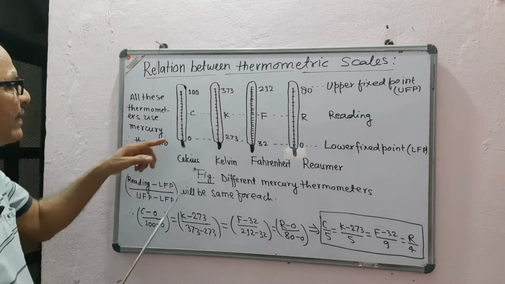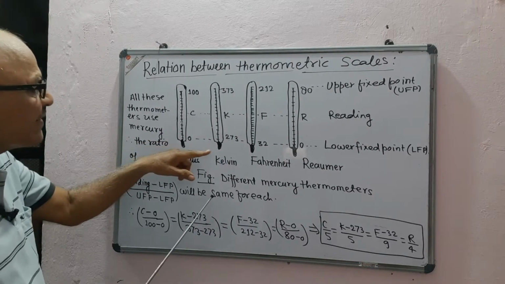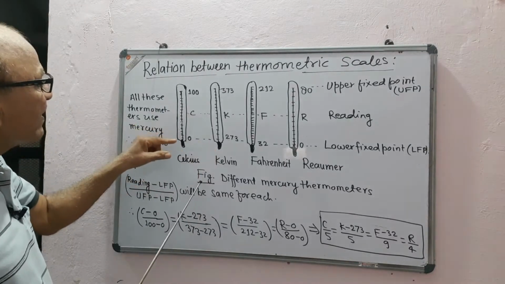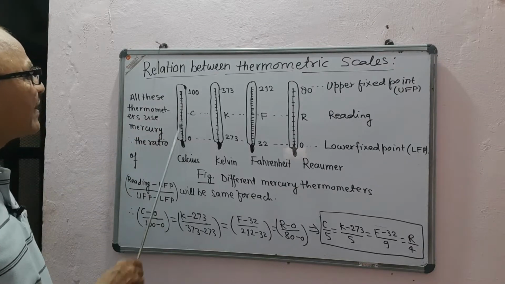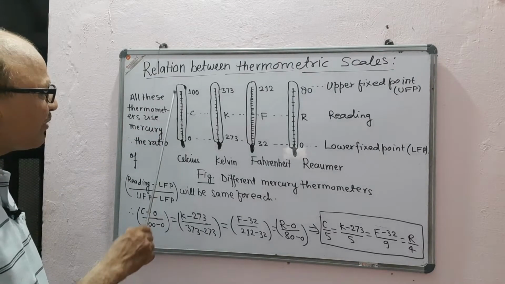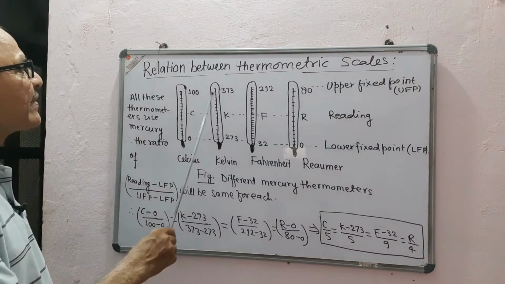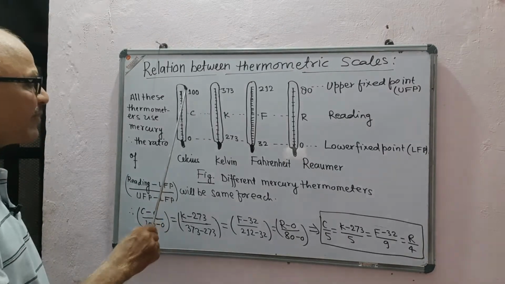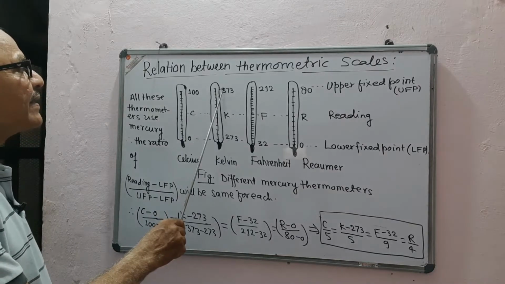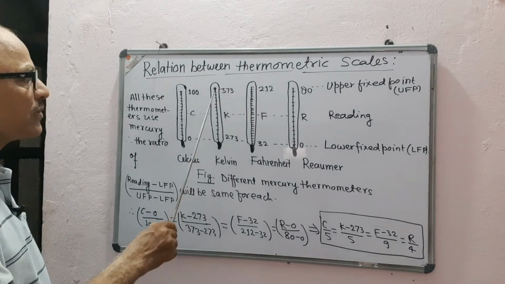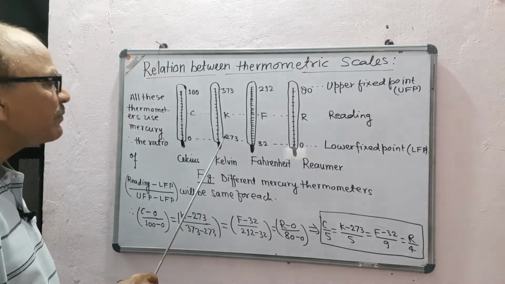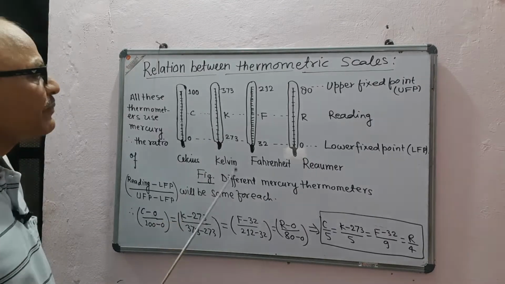Clearly, in Celsius and Kelvin thermometers, the distance between lower fixed point and upper fixed point is divided into 100 equal divisions. Here 100 minus 0 is 100, 373 minus 273 is 100.